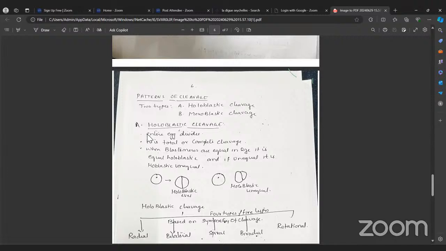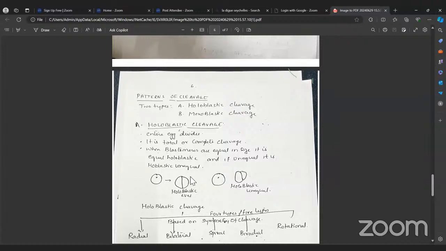So even there, the yolk will restrict the cleavage pattern. That is how we get different types of cleavage, which we will talk about at the end. Holoblastic cleavage is called total or complete cleavage.